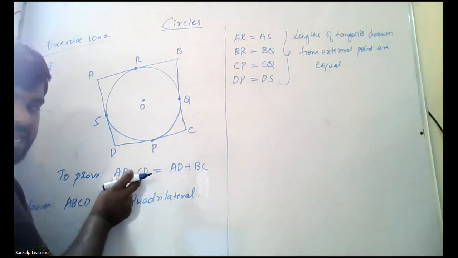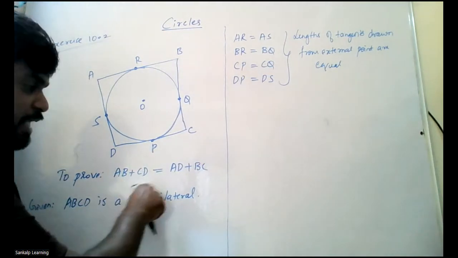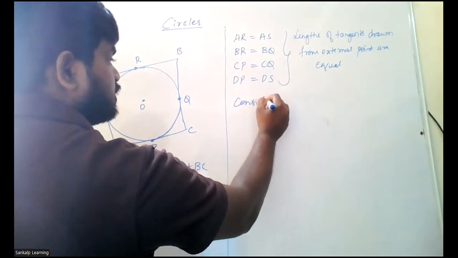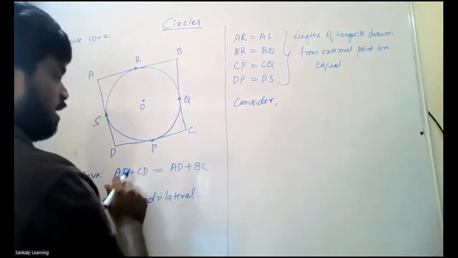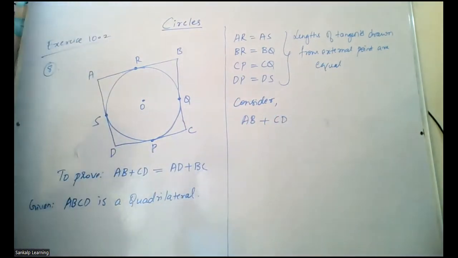So, let's start with this LHS and try to get to the RHS. Let's start from here and let's try to end here. Consider the LHS, AB plus CD.